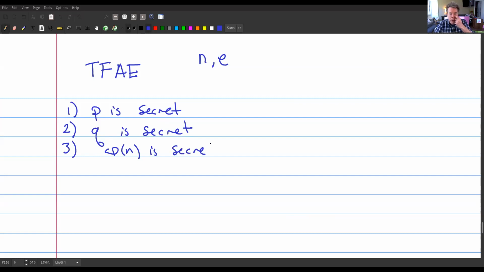It's clear that if you know p, then it's easy to get q because q is n divided by p, and vice versa. And division goes quickly. If you know p and q, then it's easy to get phi because phi is just p minus 1 times q minus 1. And if you know phi, how do you get back to p and q?